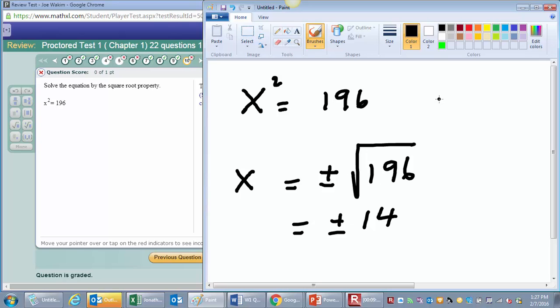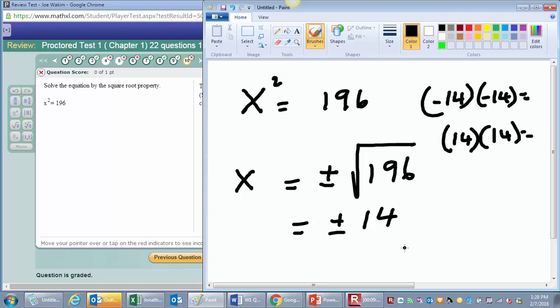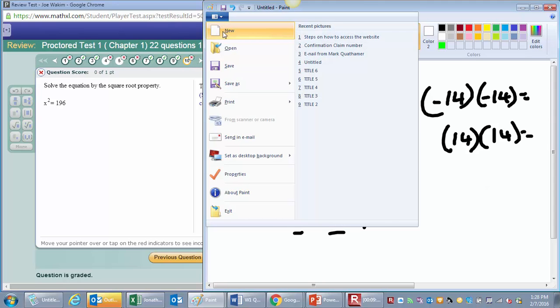Now why plus or minus? Because negative 14 times negative 14 equals 196, and also 14 times 14 equals 196. So you can't only say the answer is 14, because negative 14 times negative 14 is also 196.